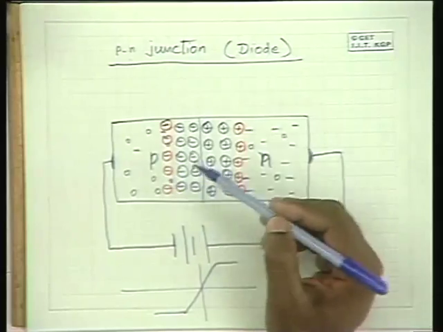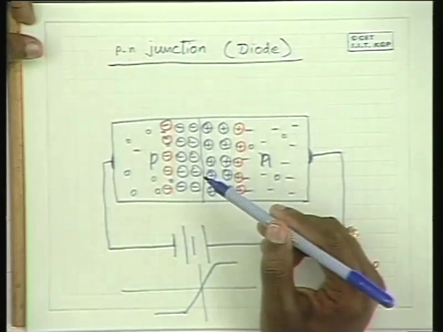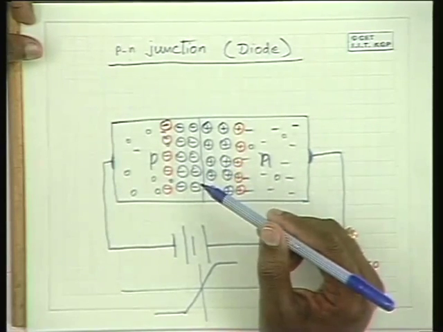Like a chain reaction, there would be multiplication of the electron-hole pairs, and because of this suddenly there would be a large number of electron-hole pairs, and they give rise to a huge amount of current.